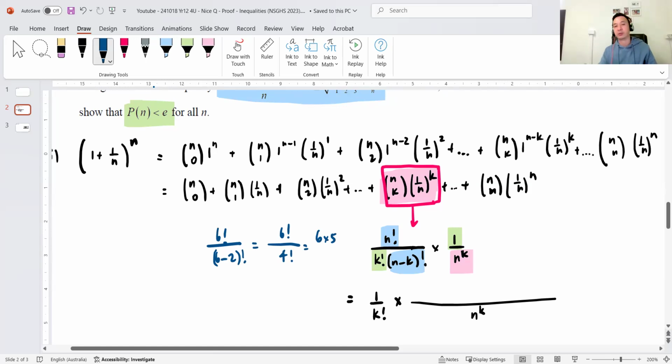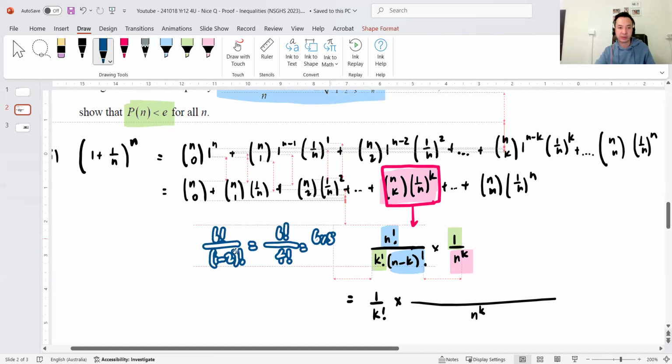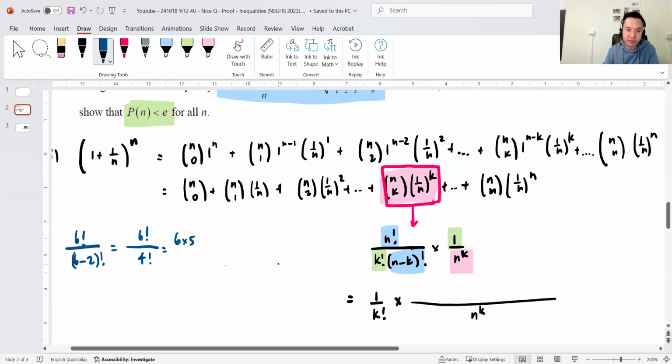So when you do similar things, let me park this theory over here. When you do similar things to n factorial over n minus k factorial, basically the n minus k factorial part cancels out, and you sort of get n times n minus 1 all the way down to n minus k plus 1. Is that right? Plus 1, yeah? Because the n minus k bits thereafter go away.